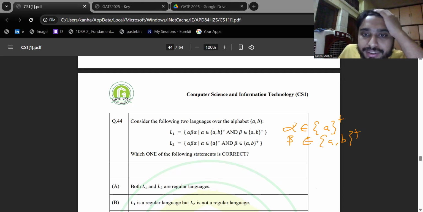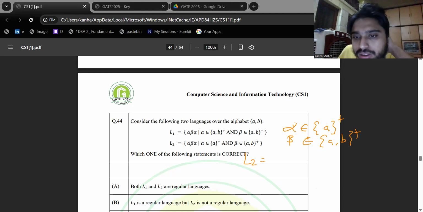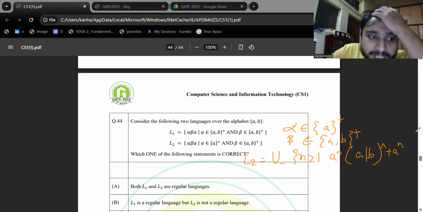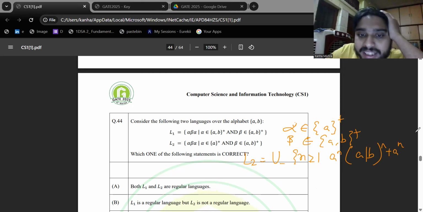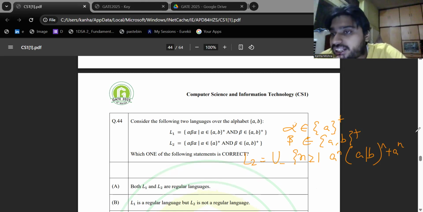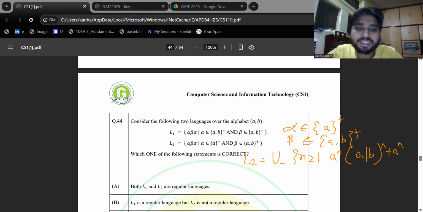We can generate L2 with a regex like this: L2 is the union over n greater than or equal to 1 of A^n (A or B)+ A^n. We don't know what it will be, either A or B. It is a finite union for any fixed n, and finite unions of regular expressions are regular. Remember that.